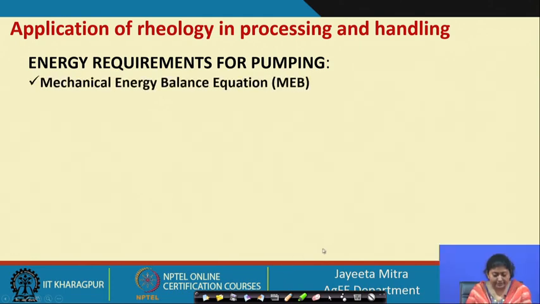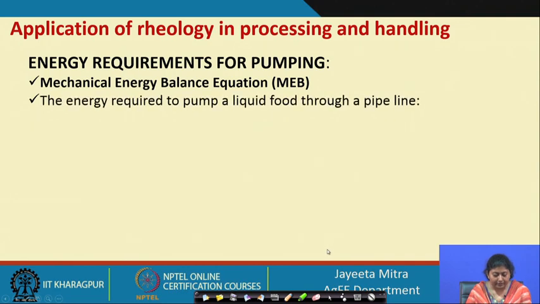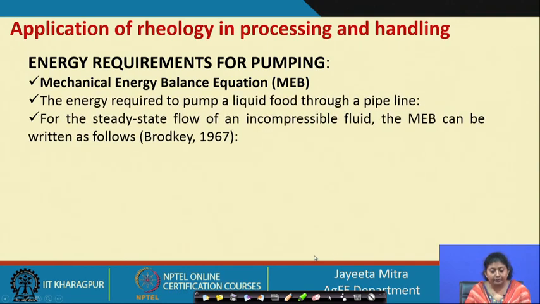So, basically we will deal with the mechanical energy balance, the energy required to pump a liquid food through a pipeline. For this, first we will write an equation for the steady state flow of an incompressible fluid where density is constant.